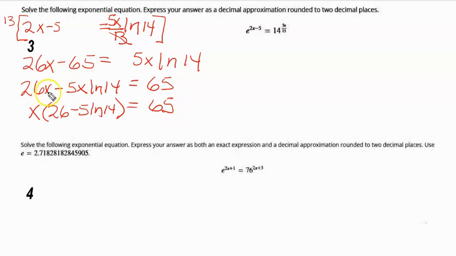So I factor out the x here, and I'll get x, and then in parentheses, 26 minus 5 natural log of 14 equals 65. So my question is, what do we do next? Well, we're going to isolate the x by dividing on both sides. And you can keep that in parentheses or not.